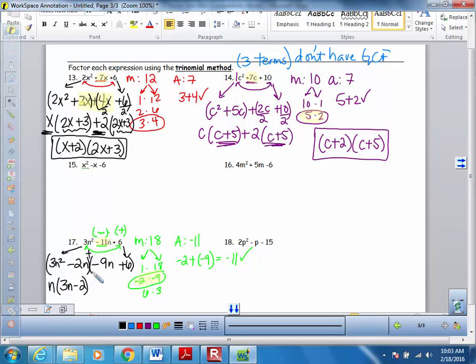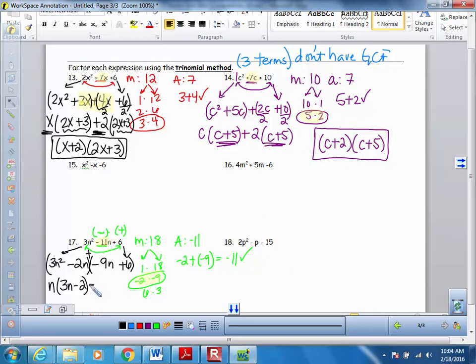Now, in my second set of parentheses, I have a negative 9n plus 6. So if you notice here, I have a positive n, negative number. Here I have a negative n, positive number. So when I pull out my GCF here so that the signs will match, I'm going to need to pull out a negative so that it changed both of these signs.